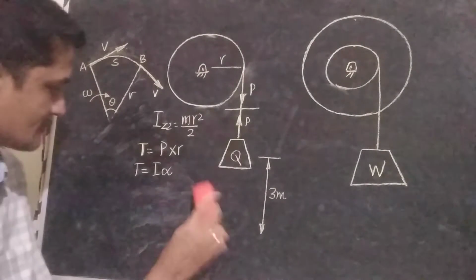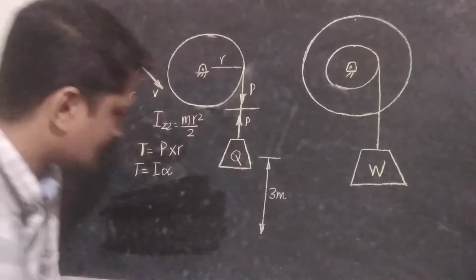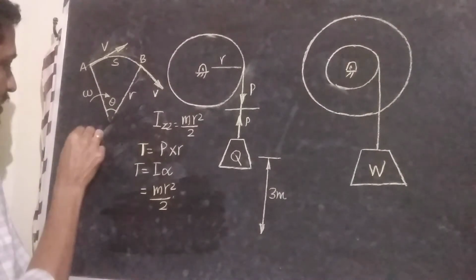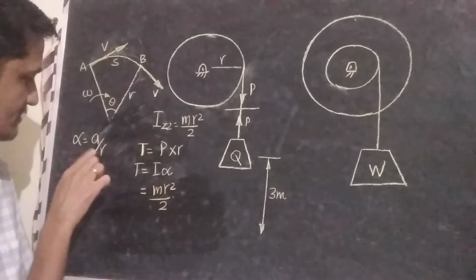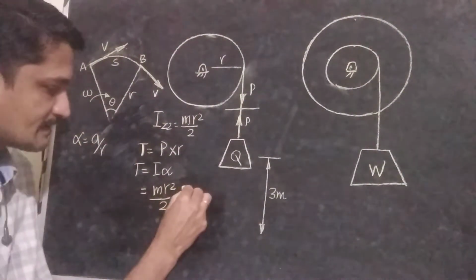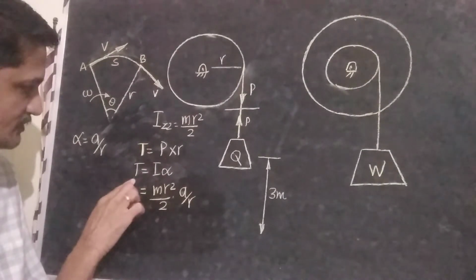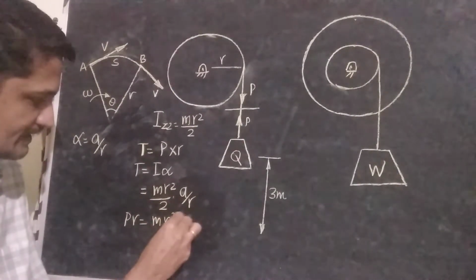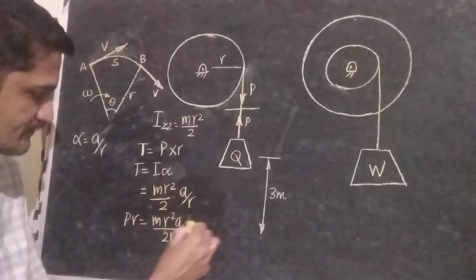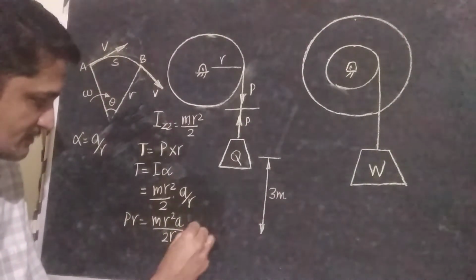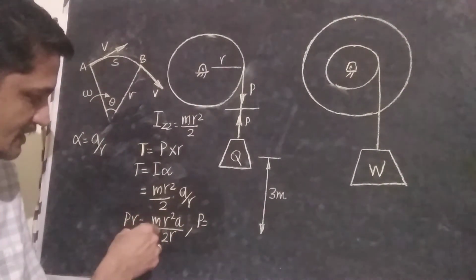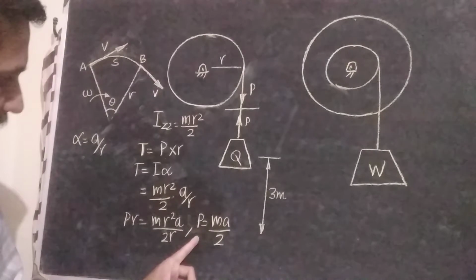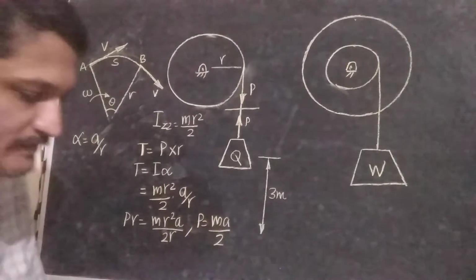So T is equal to I alpha, that's equal to mr square by 2 into alpha, where alpha is a by r, linear acceleration divided by r, since linear acceleration is equal to alpha into r. Then the torque P into R is equal to m r square a by 2r. From this equation, we can cancel one r, and P, the tension in this cord, is equal to ma by 2.